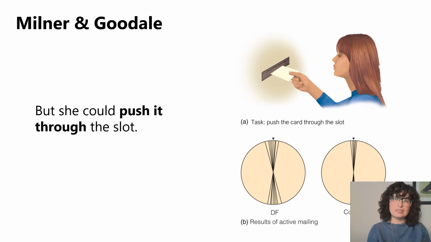So Milner and Goodale would argue that DF actually did know the orientation of the card slot, but only in the context of performing an action. The dorsal pathway provides information about how to act on an object.